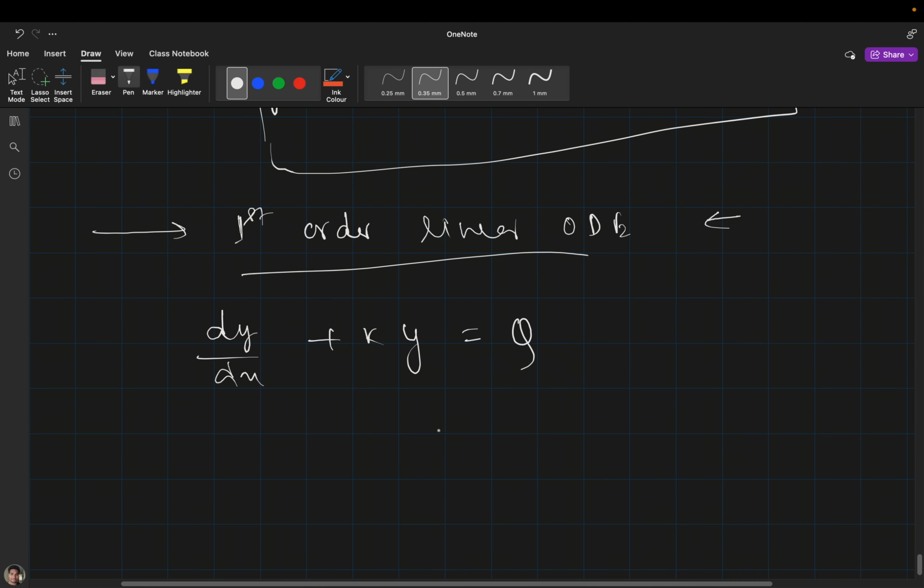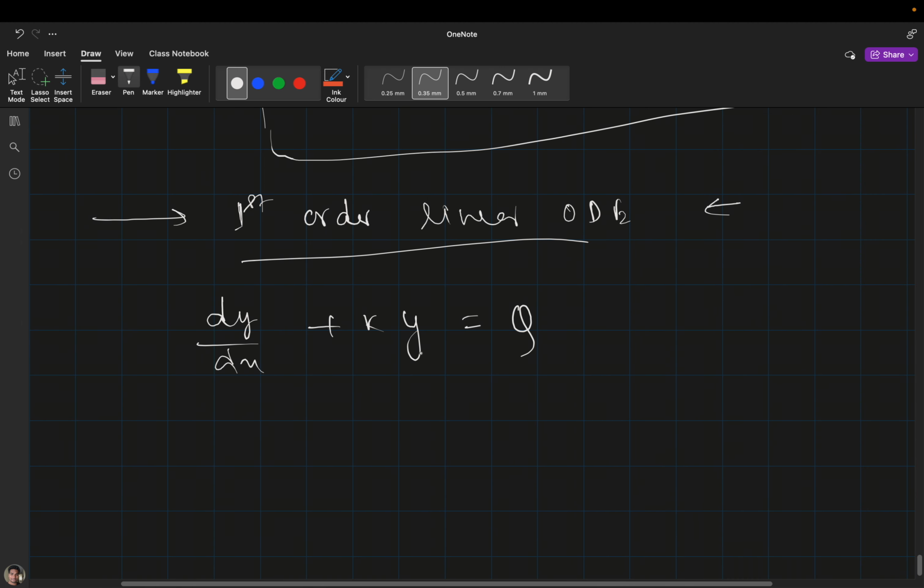Are you aware of this? This is the first order linear ODE. Are you following what I'm trying to say? Just tell me yes or no. Yes, sir.